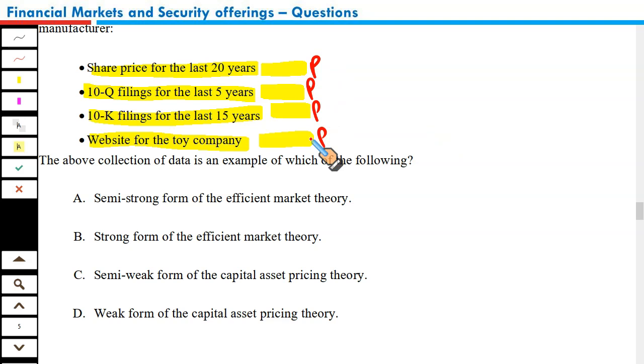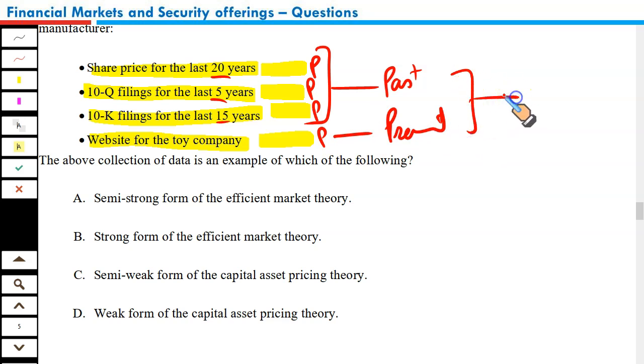You're right that they are all related to the past, so only the past is affecting, but remember, it is also publicly available information. The website for the company would contain the newest and most recent information. So you can say the past and present are both available, and clearly they are all in the public domain. I can't say strong form because there is no indication regarding private information. So it is not strong form efficient.